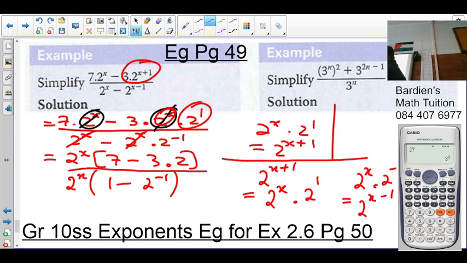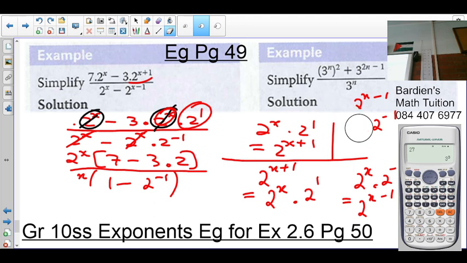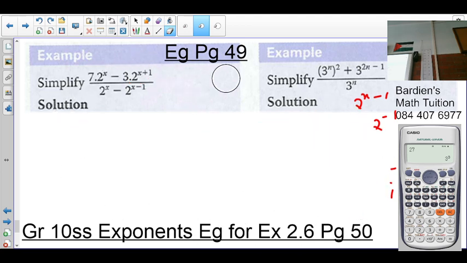So what I'm saying in the reverse is 2 to the x minus 1 can of course be written as 2 to the x times 2 to the negative 1. That's all I'm saying. I'm using the exponential laws in the reverse. So let's try again.